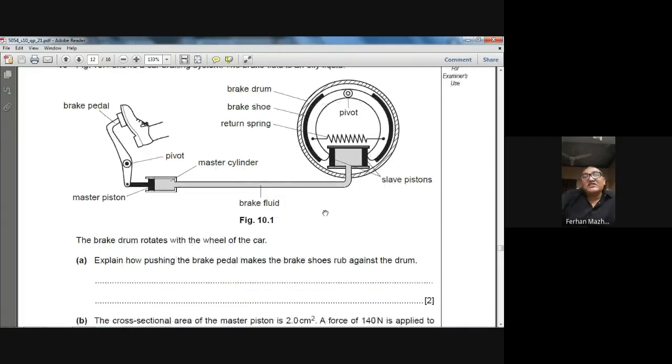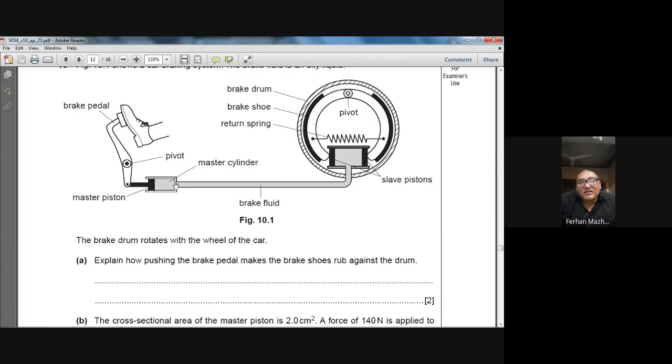The brake drum rotates with the wheel of the car. So the brake drum is basically attached to the wheel of the car. The question says: explain how pushing the brake pedal makes the brake shoes rub against the drum. This is the explanation which I just gave you. When the brake pedal is pressed, the master piston moves towards the right.